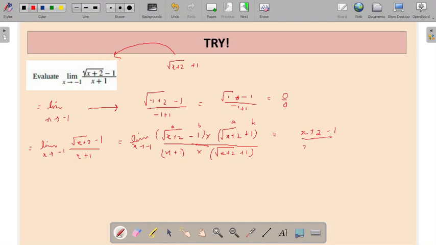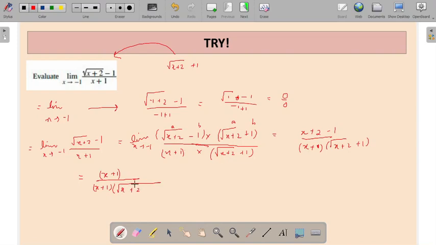In the denominator we will not solve it, we will just write it that way, under root x plus 1 multiplied by under root x plus 2 plus 1. After solving this we realize that x plus 2 minus 1 is x plus 1 over x plus 1. So we have x plus 1 in denominator and in numerator, and we are going to cancel it out.